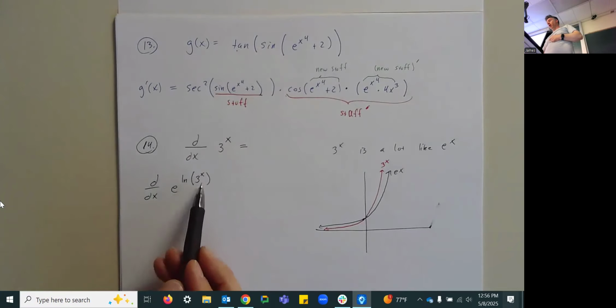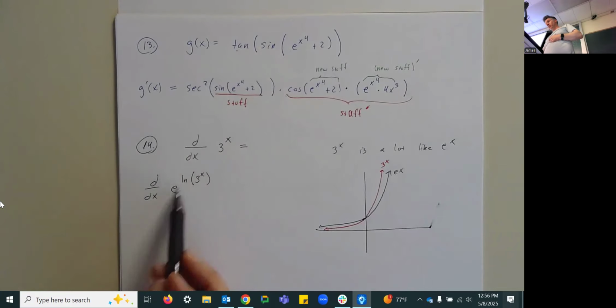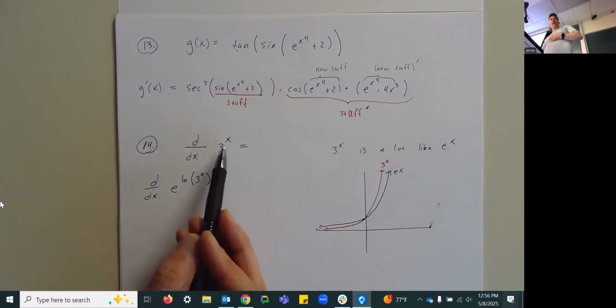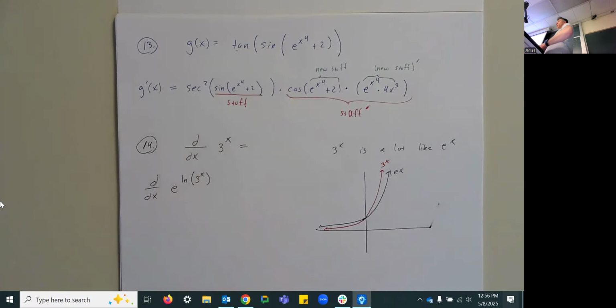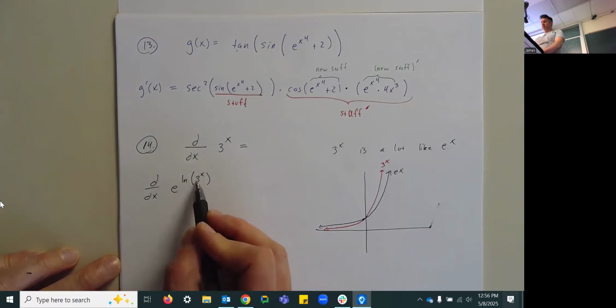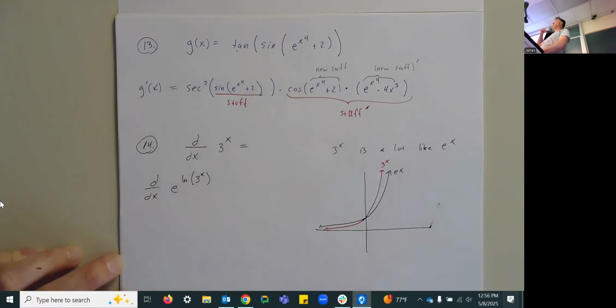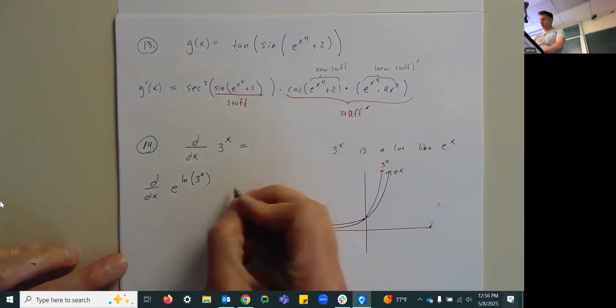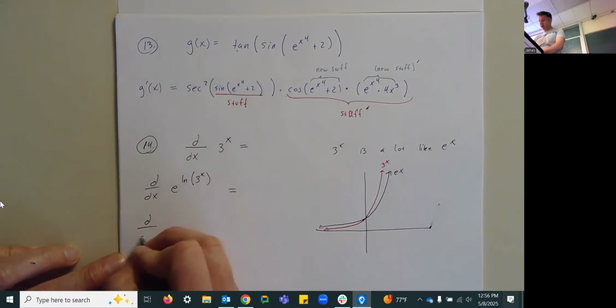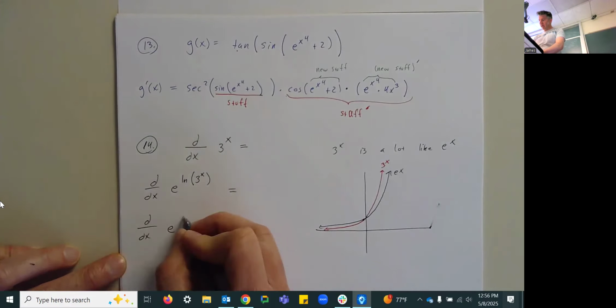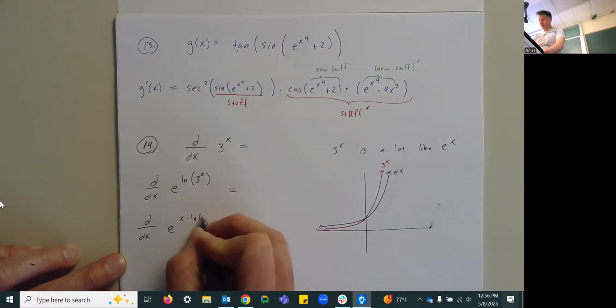E to the natural log of 3 to the x, you can think of those undoing each other and just getting back 3 to the x. But now, we're going to use the rules of logarithms that says, oh, I have the natural log of something to a power, that power can come down in front of the natural log. So we're going to rewrite this as the derivative of e to the x times natural log of 3.